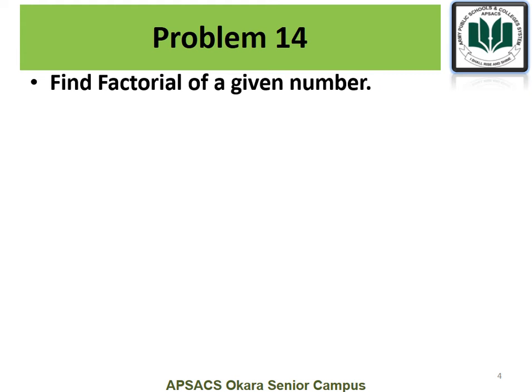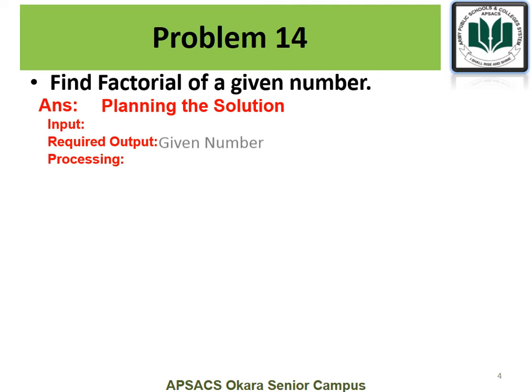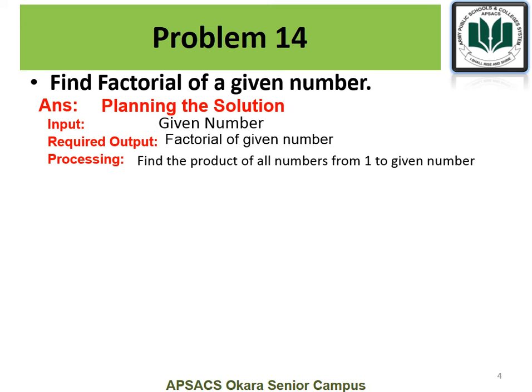So let's start with the planning the solution stage. It will have three steps: input, required output, and processing. The input will be the given number, the output will be the factorial of the number, and the processing will be to find the product of the numbers from 1 to the given number.